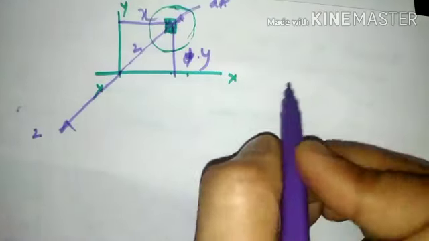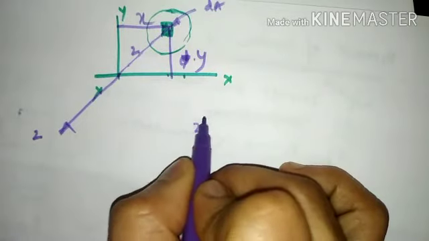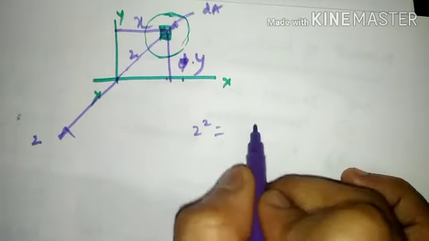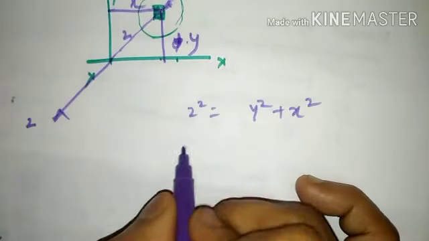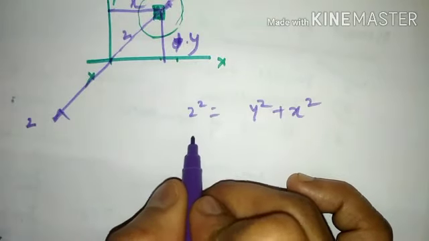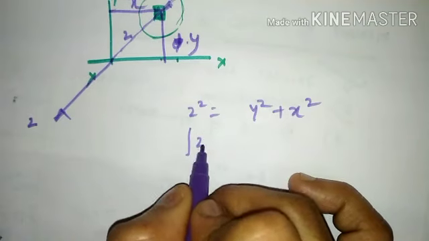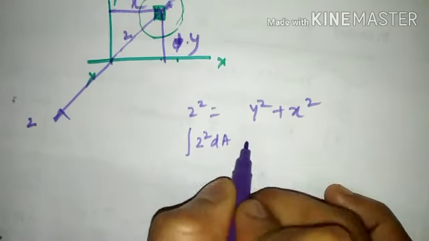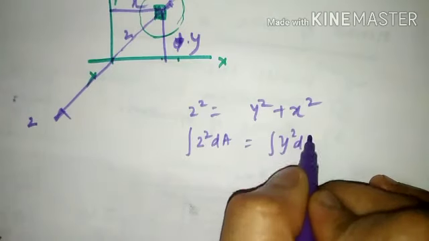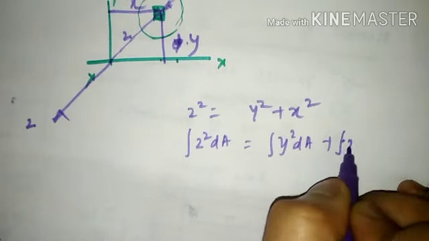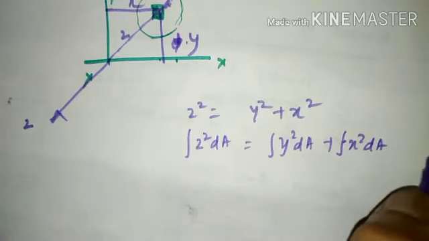By the Pythagoras theorem, we write z square is equal to y square plus x square. If I consider an area here, this can also be written as integration z square dA is equal to integration y square dA plus integration x square dA.